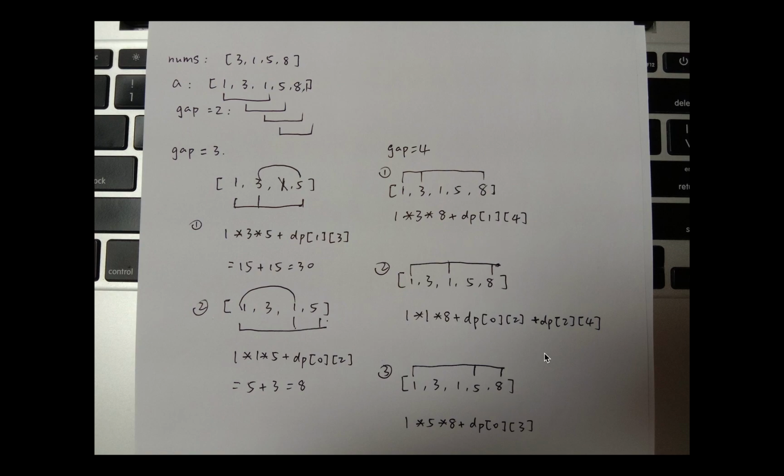And the same, we get this max value that represents dp[left][right], meaning the maximum coins we can collect bursting between the left index and right index. Finally, we return dp[0][length-1], which is the maximum coins we can collect between index 0 and index length-1.